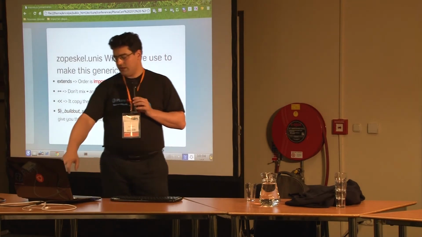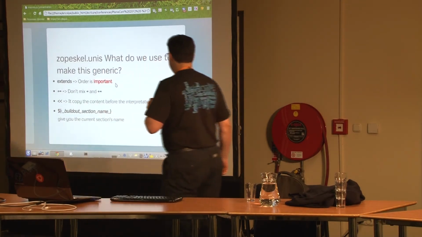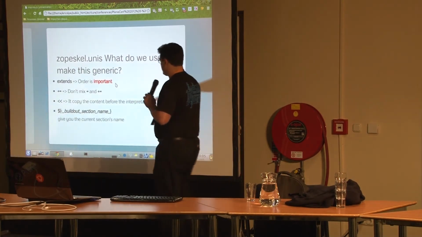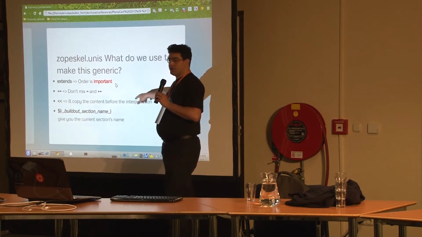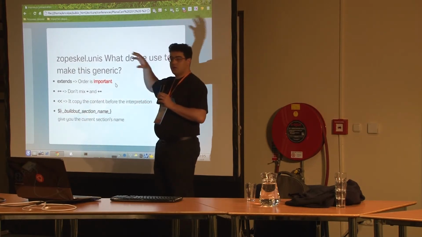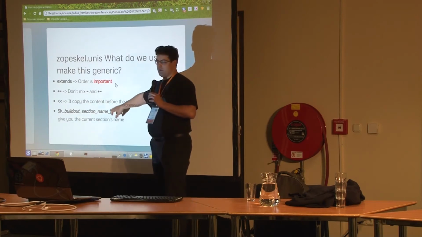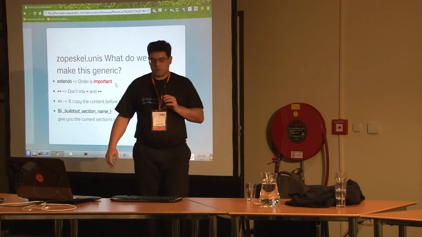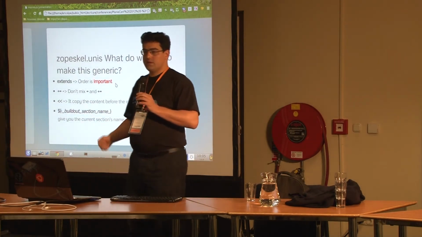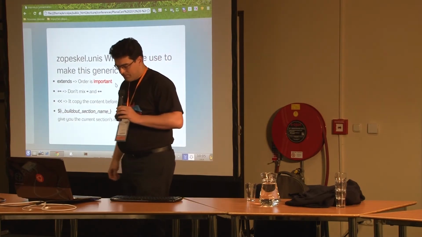Again, when you make an include with the thing we saw just before, the problem is that you're not able to know in which section you are. With this replacement, you can get the section name, and then have something generic.